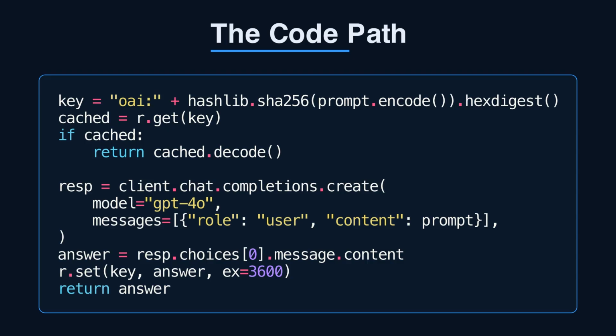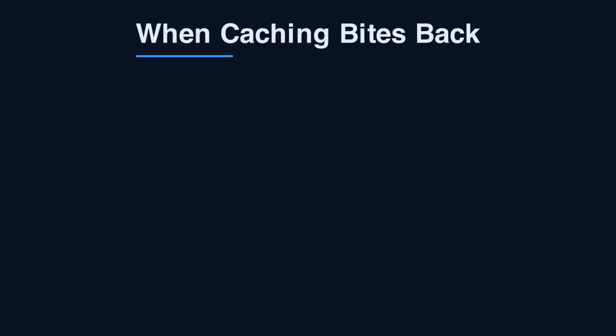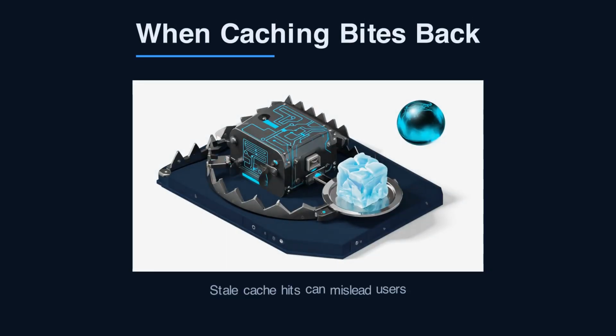Caching introduces correctness hazards you must design around. If your prompt includes per-user context, personalization, or the current date, a global cache key will leak one user's answer to another or serve yesterday's data. Fix this by including all relevant context in the key, or scoping keys per tenant.